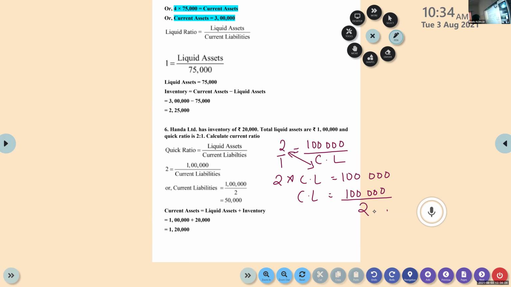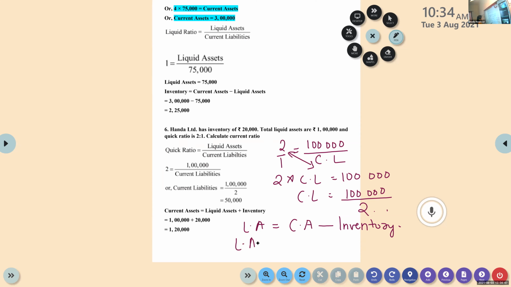Now, we got current liabilities. Now, how to find current assets? We know that liquid asset is equal to current asset minus inventory. This is what we learned. So, how to find current asset?